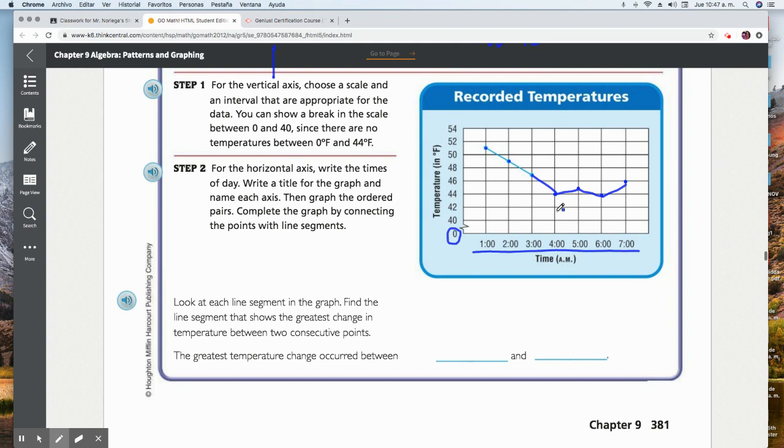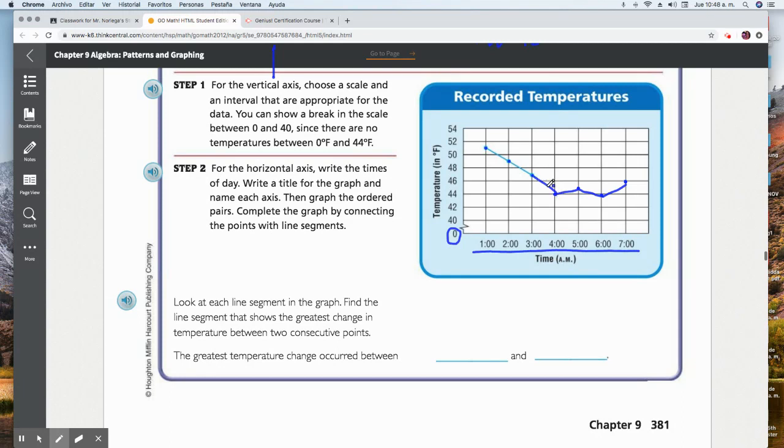Okay, so if you look at this, between here and here, the temperature did not change that much. And between 2 o'clock and 3 o'clock in the morning, the temperature didn't change that much. But look at 3 o'clock and 4 o'clock. It changed from, what would it be, 45 down to 44, correct?